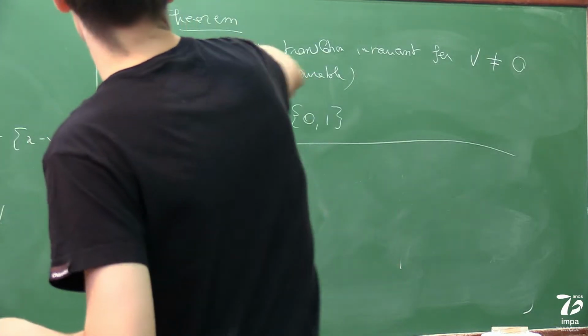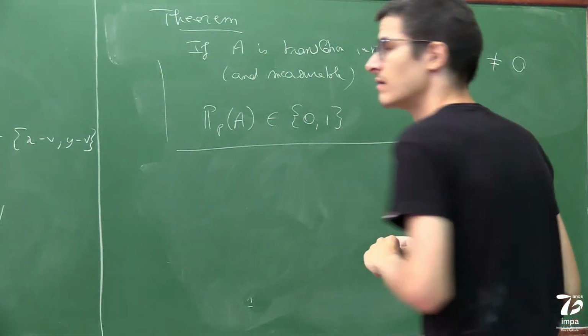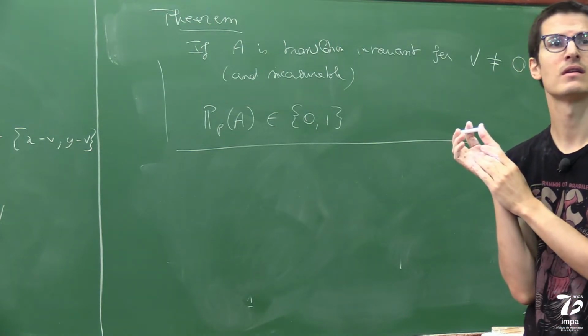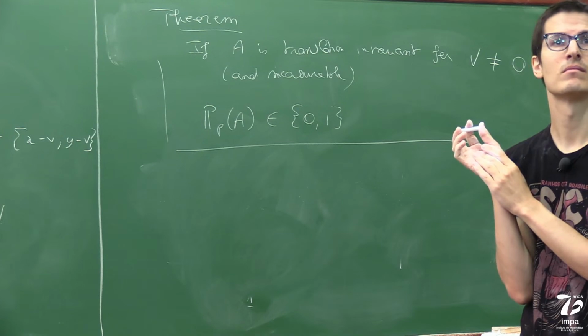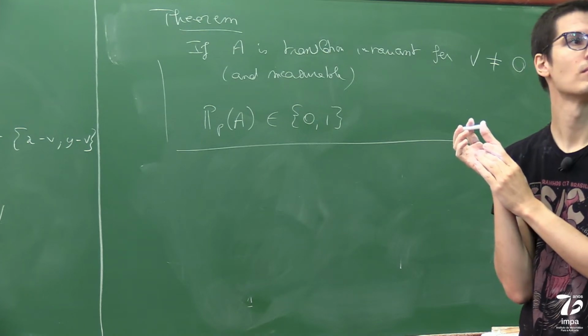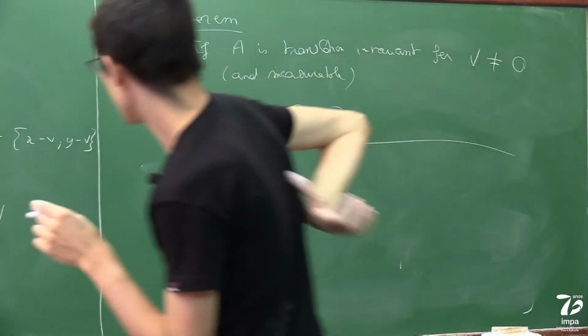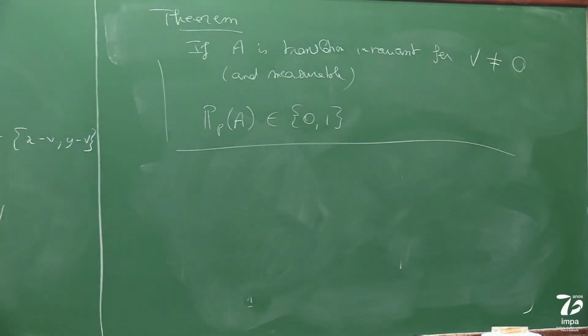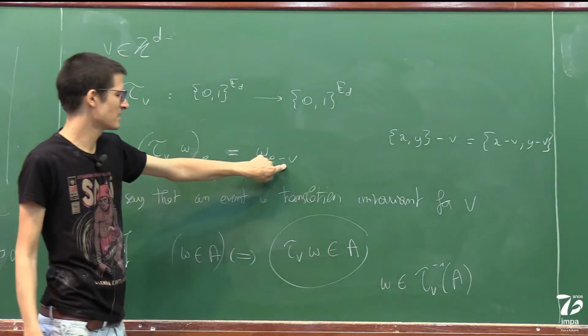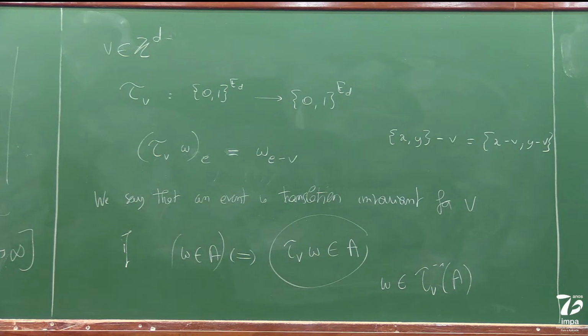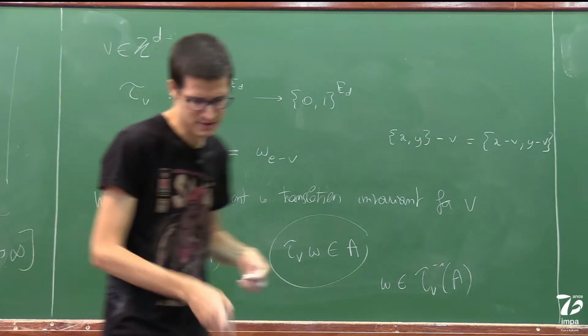And finally, we'll prove this. So any questions so far with the definitions? Maybe a question you may have is, why is there a minus here instead of a plus? And I think the answer is coming now.